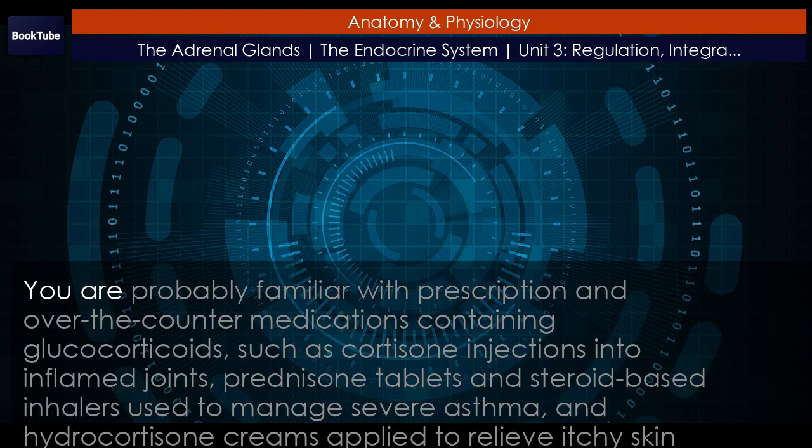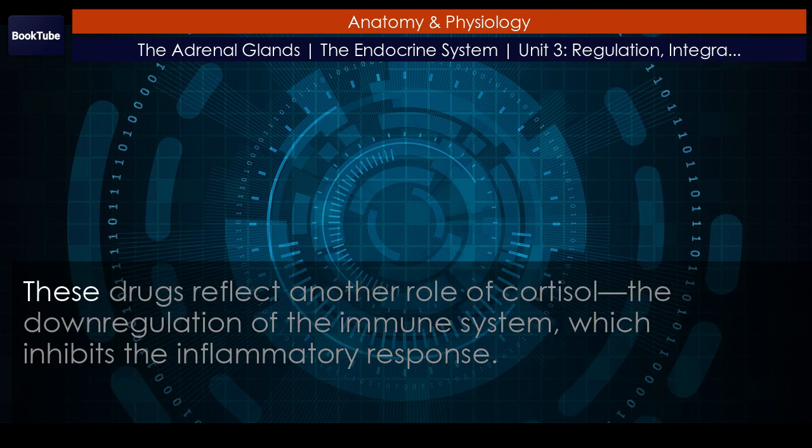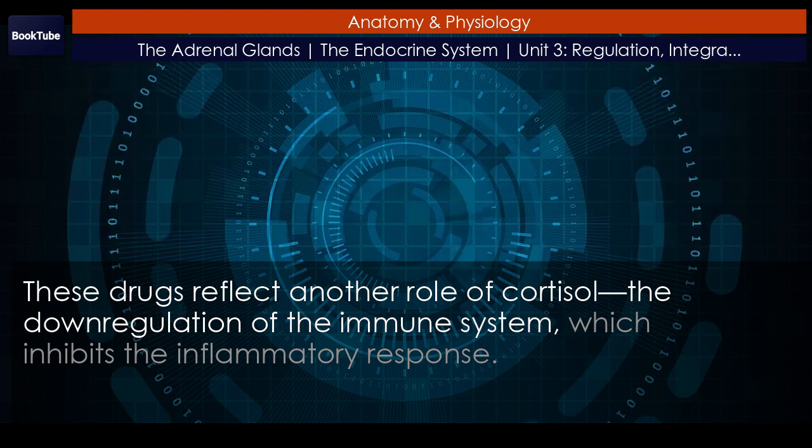You are probably familiar with prescription and over-the-counter medications containing glucocorticoids, such as cortisone injections into inflamed joints, prednisone tablets and steroid-based inhalers used to manage severe asthma, and hydrocortisone creams applied to relieve itchy skin rashes. These drugs reflect another role of cortisol, the downregulation of the immune system, which inhibits the inflammatory response.